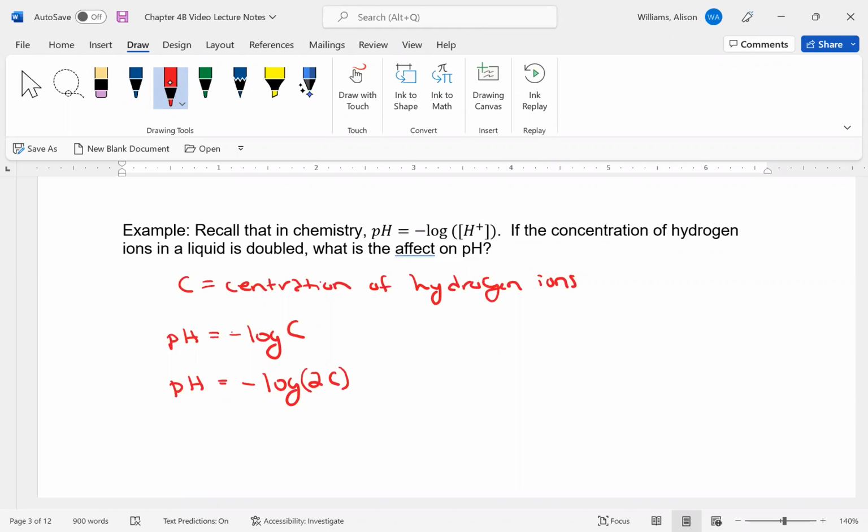So what I can do is I'm going to try to compare this to what I have normally. And what I'm seeing is that I can use the log properties to break up the multiplication. I mean, honestly, that's like the only thing I can do right now. So I'm going to break up that multiplication. Now, technically, this negative is outside the whole thing. So it does need to be distributed in.